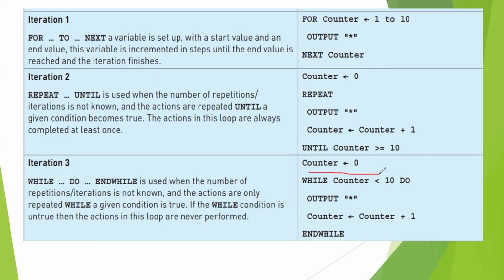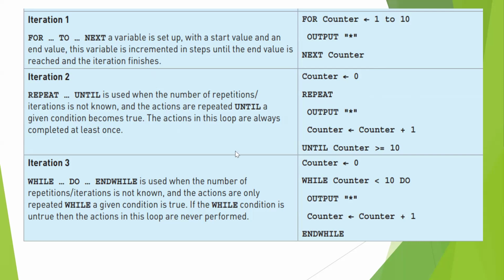So counter equal to 0, while counter less than 10 is the condition. If the condition is true, it will execute output static, and this is the increment. We remember we have done all these loops. We will also start from the next class, so it will be recalled for you.